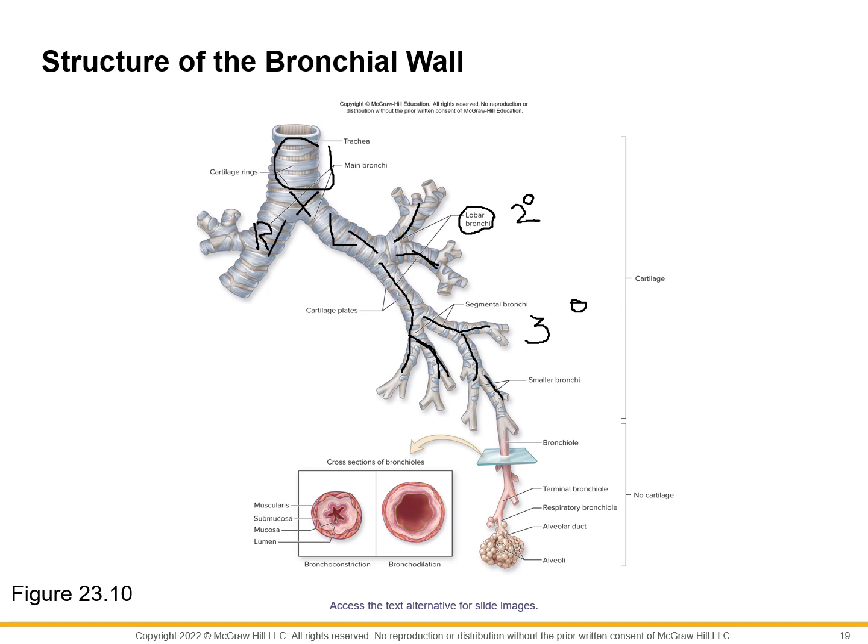Now these branch further, and here's where they start to become microscopic. So microscopic air tubules are now called bronchioles. So the only difference between bronchi and bronchioles is that bronchioles are microscopic. Now here's the chronology of the bronchiole. The tertiary bronchi, or the segmental bronchi, branch into smaller bronchi.